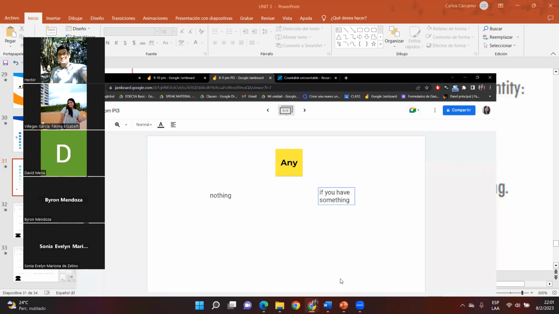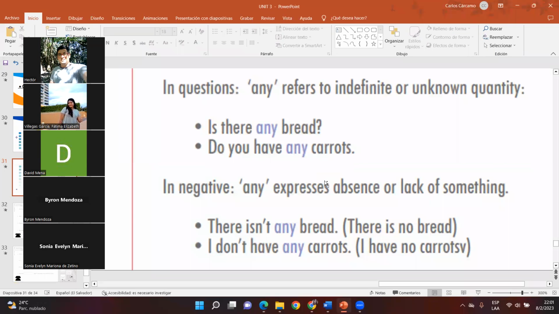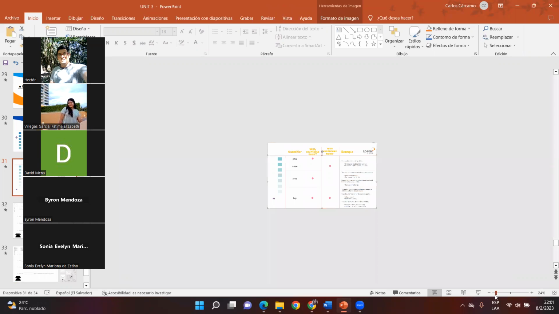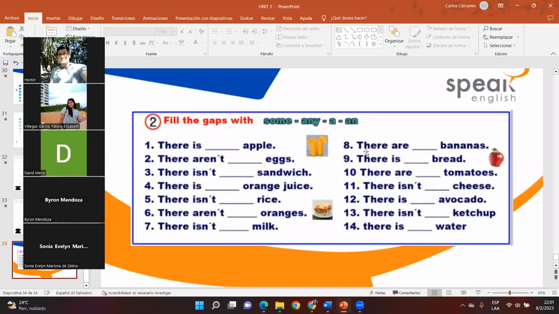Okay, so let's see what is missing in this presentation. Just to finish with this topic, because that was the last topic of unit 3. We were working with there is and there are.